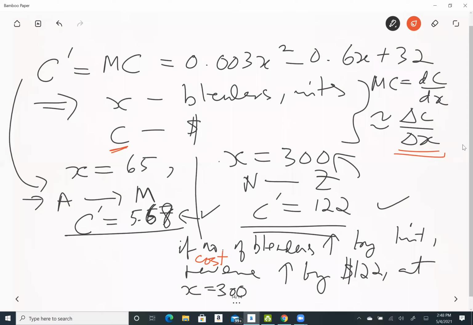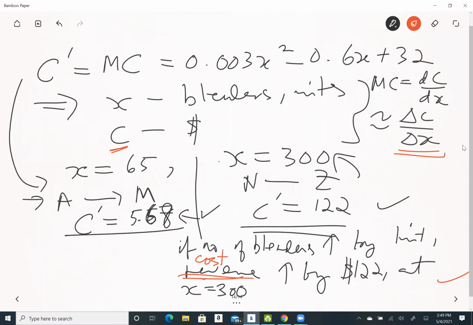That means we are looking at the marginal cost, meaning the cost will increase. Everything else will be correct. Just the revenue shouldn't be revenue; it should be cost. Okay, all right, good. Now for this one, x equal to 65.